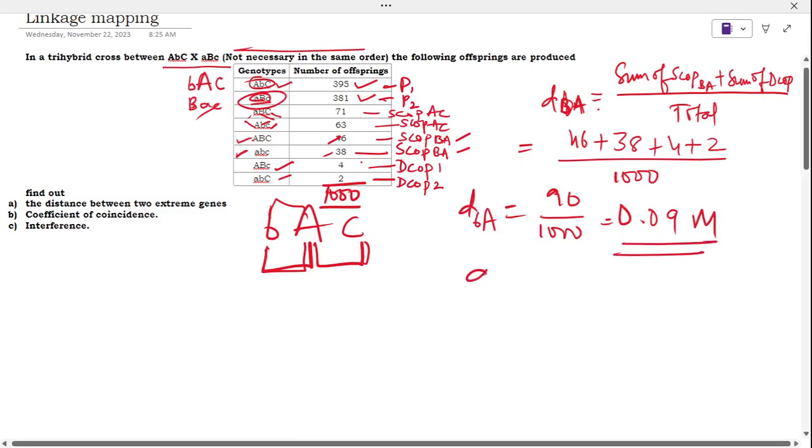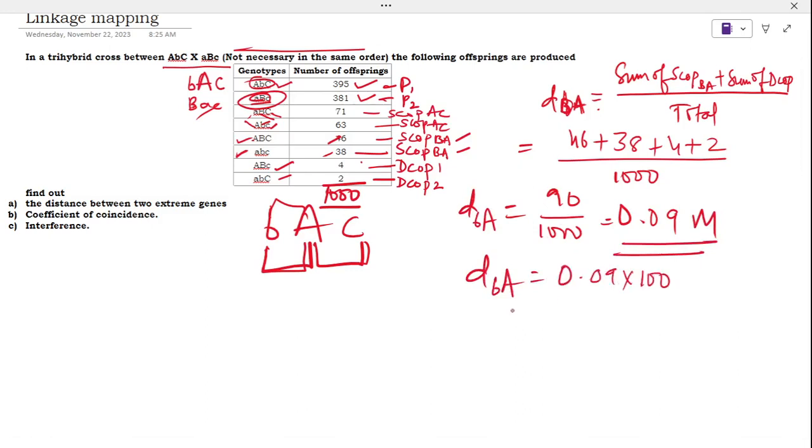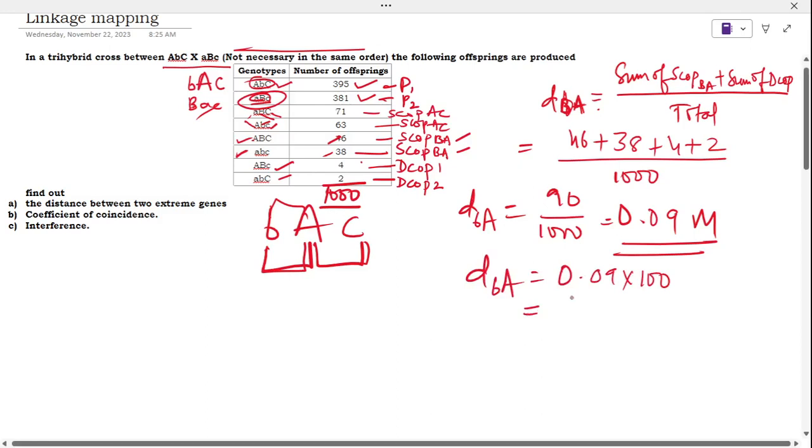Then we can convert that into centimorgan. Distance between B and A is 0.09 into 100, which is converted into centimorgan. This is 9 centimorgan distance between BA.